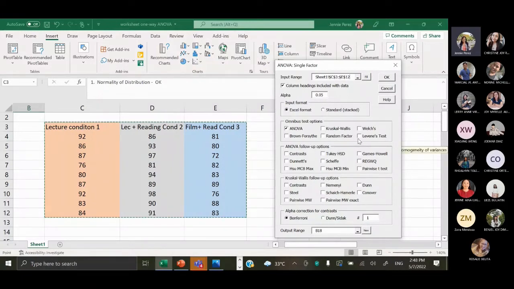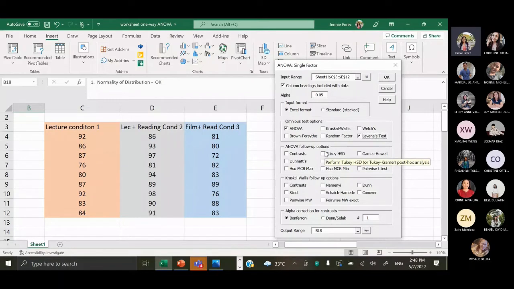And if we want to know if there is homogeneity of variance among all three groups, we check Levene's test. Now, in case you think that the homogeneity of variance is violated, you may check Welch's because it will spew out also the computation of Welch's.